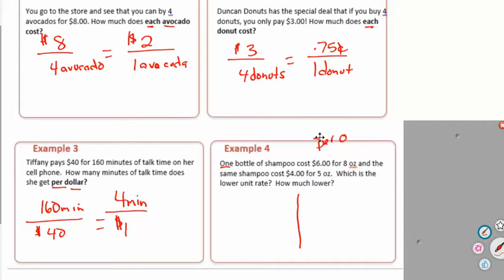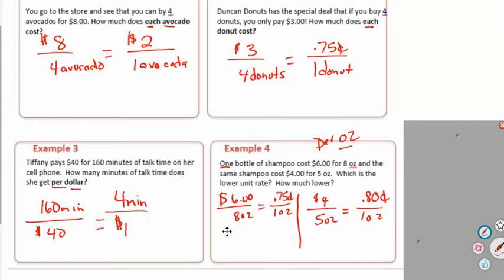Per ounce, so that means ounces needs to go on bottom. So for the first one, it costs me $6 for 8 ounces, but I want to know how much 1 ounce costs. The second one, I can get $4 for 5 ounces, but I want to know how much 1 ounce costs. So why don't you pause the video and figure out which one is the better deal.